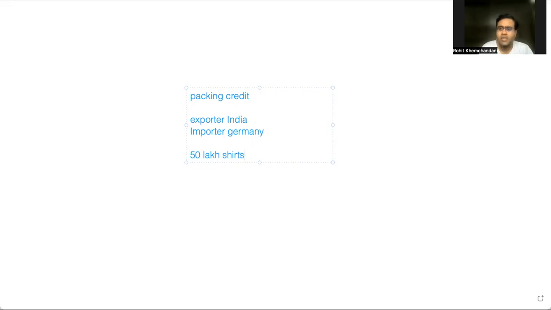Now in this case, the Indian exporter goes for packing credit. The exporter approaches its bank and tells them that I have this order, and shows all the documents regarding the order, including which country it has to be sent to. Now, as per the Reserve Bank of India, there are some subventions provided for certain categories of goods to be exported.